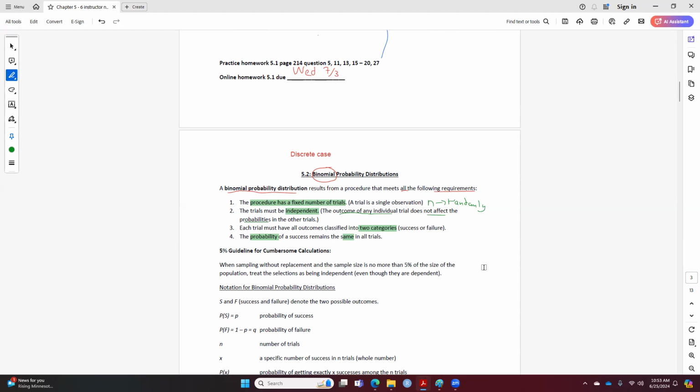That means every trial, every person, has the same probability, in this case a 50-50 chance. If you have all these requirements met, then you get what we call a binomial distribution. Questions?